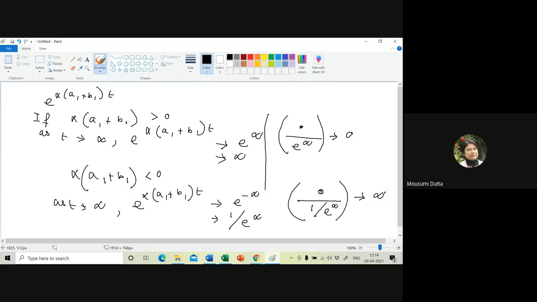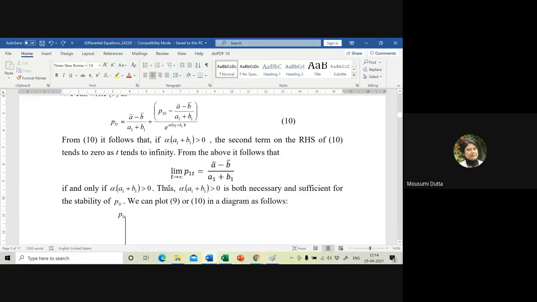The necessary and sufficient condition to generate a convergent time path, or to have dynamic stability, should be alpha into A1 plus B1 greater than 0. This is both the necessary and sufficient condition for stability or convergence. Otherwise, the path will be divergent.